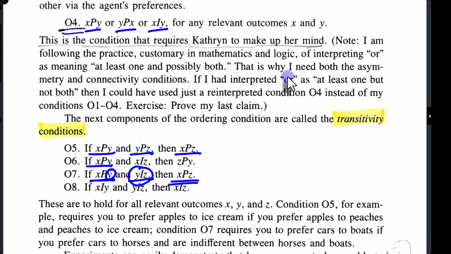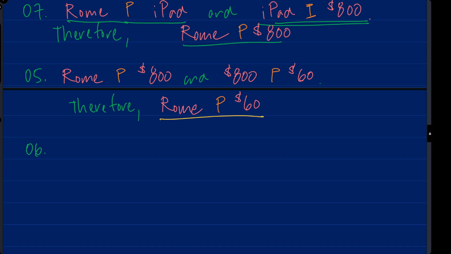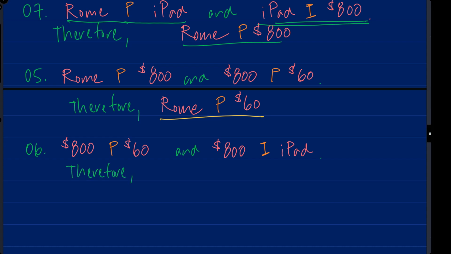So if an agent prefers X to Y and is indifferent between X and Z, then that agent will prefer Z to Y. Okay, so the agent prefers X to Y, X and Z are equivalent, so therefore the agent will prefer Z to Y. So for me, that means because I prefer $800 to $60, and I'm indifferent between getting the $800 and getting the iPad, therefore it has to be the case that I prefer the iPad to the $60.